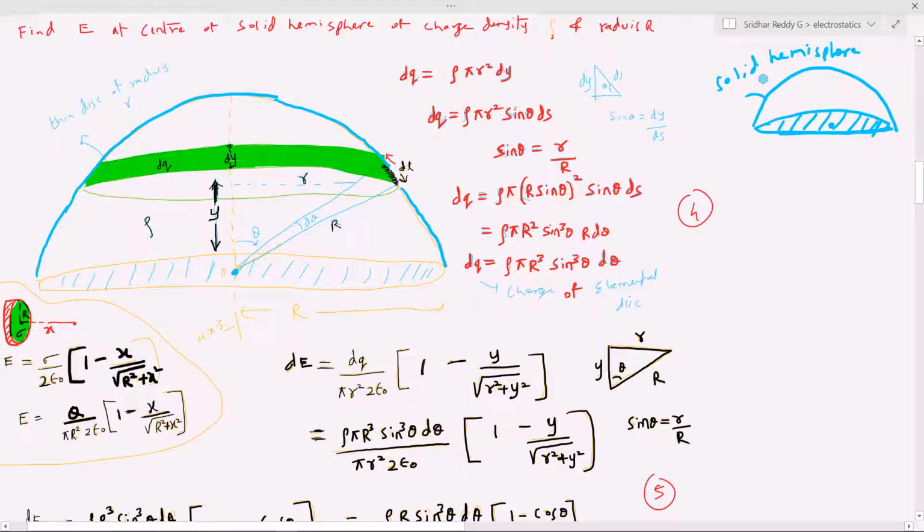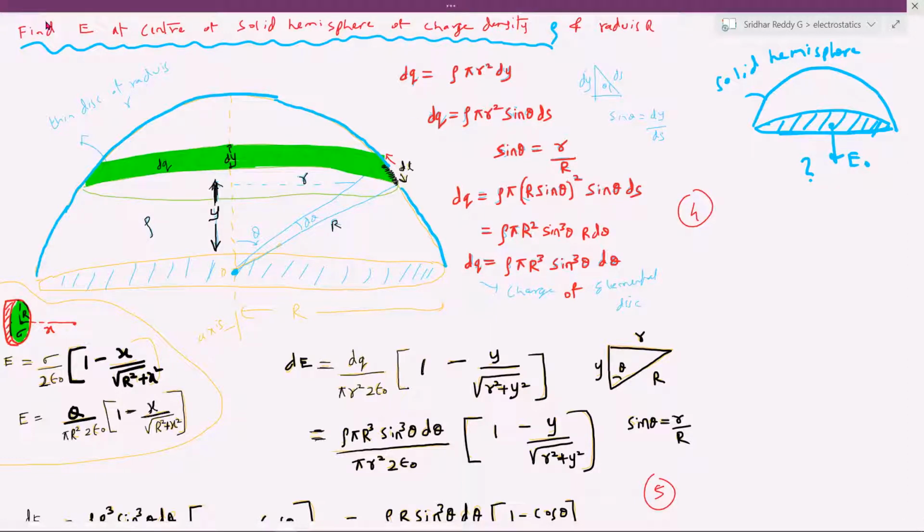So what is the field strength exactly at the center of the hemisphere? Let the radius of the hemisphere be capital R. This has to be determined. So, find E bar at the center of a solid hemisphere of charge density rho and radius R. How to proceed?